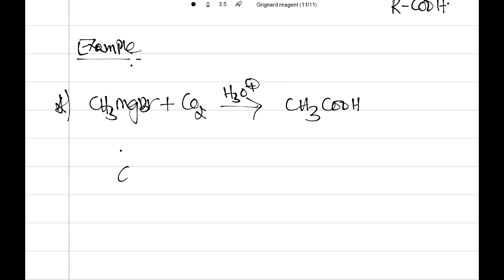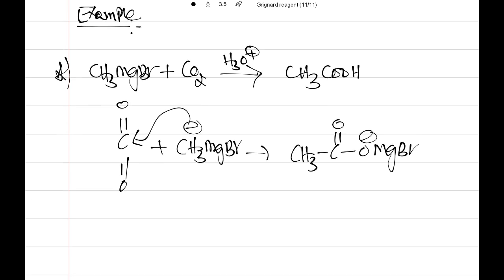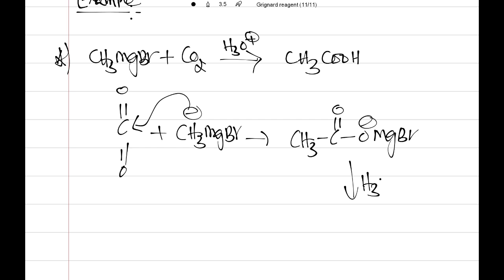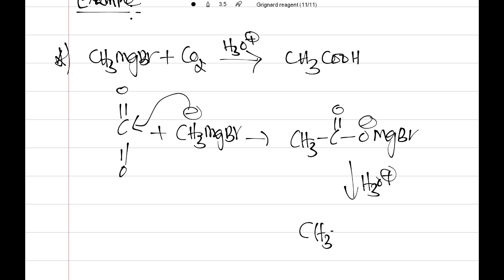If you observe this mechanism, this is having double bond O with carbon, and when this reacts with CH3MgBr, CH3 attaches to the electrophilic carbon, and we can get CH3C double bond O minus and MgBr. When this reacts with water, that is nothing but hydrolysis, instead of R we took CH3 already, that's way we can get acetic acid, CH3C double bond OH.